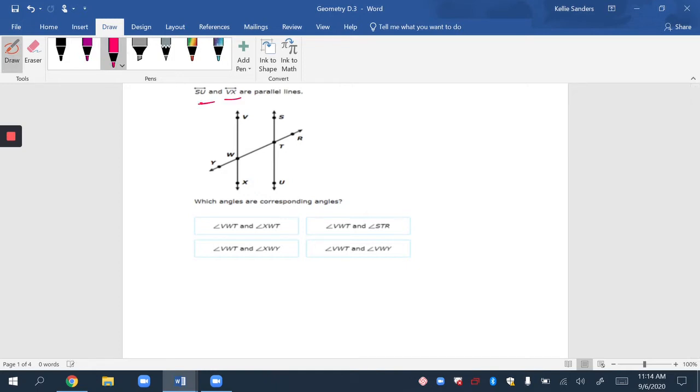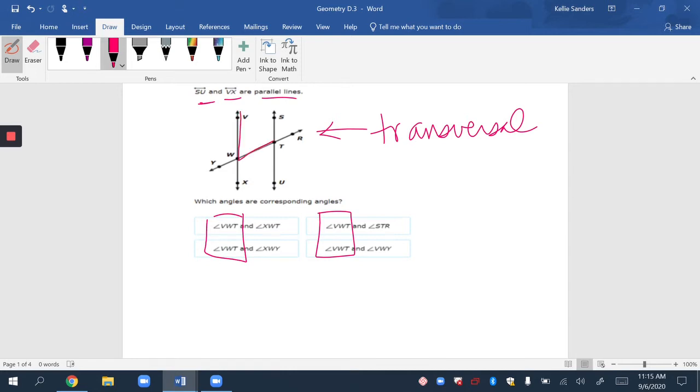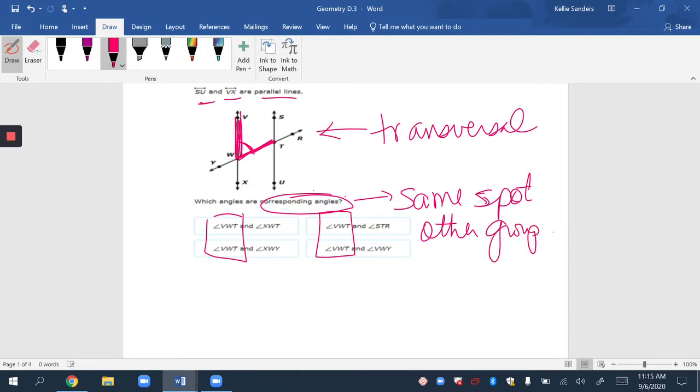SU and VX are parallel, so that means that this is the transversal. Okay, again, VWT is used in all of these. So where's VWT? Right here. Corresponding. Okay, corresponding angles. Corresponding angles is an angle that's in the same spot in the other group. What do I mean by that?